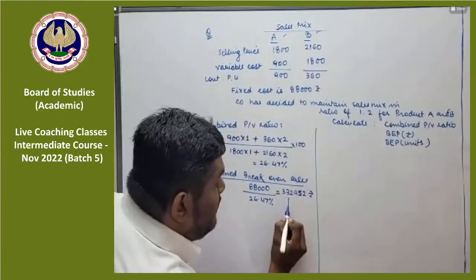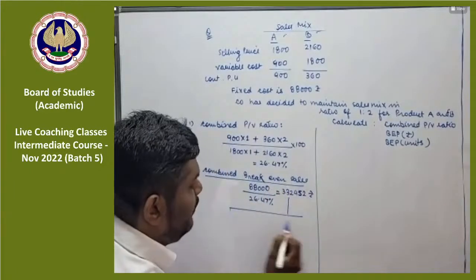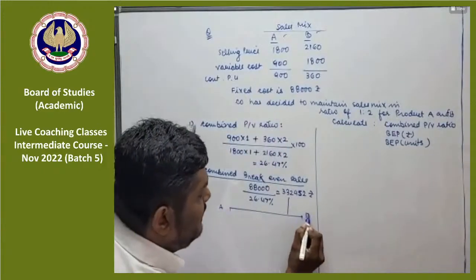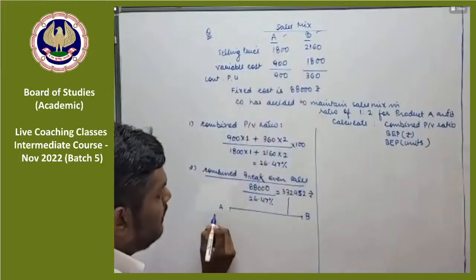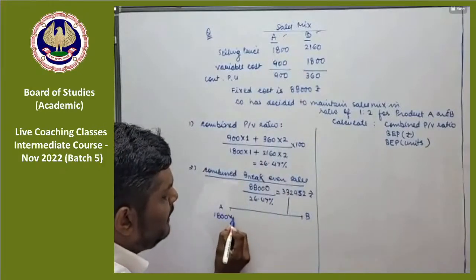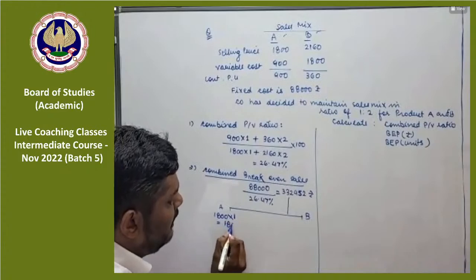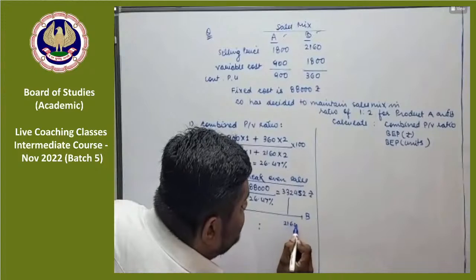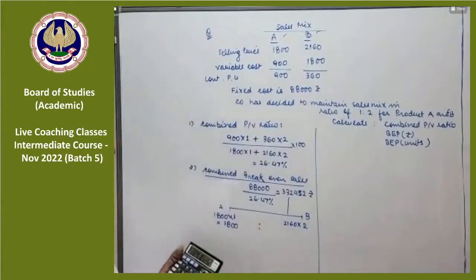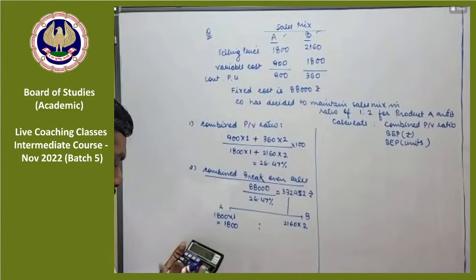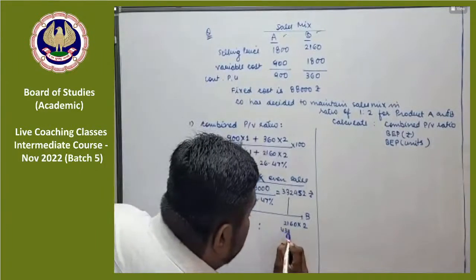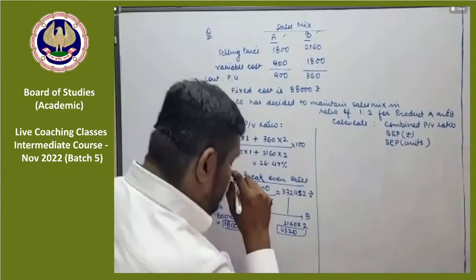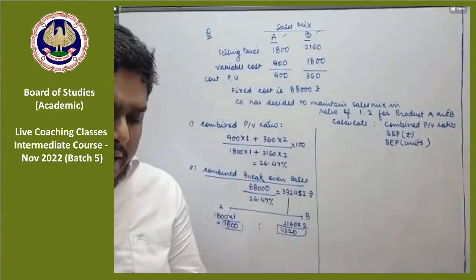Further, when talking about the distribution of 332,452, it will be distributed in the ratio of product A and B, in the ratio of 1800 into 1, that is 1800, is to 2160 into 2, that is 4320. So the ratio will be 1800 is to 4320. So let's distribute it.